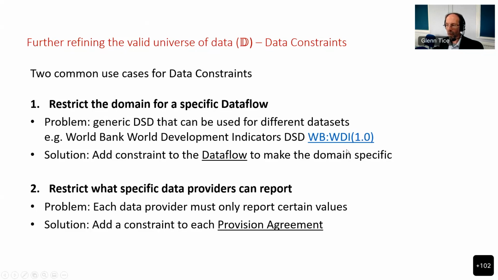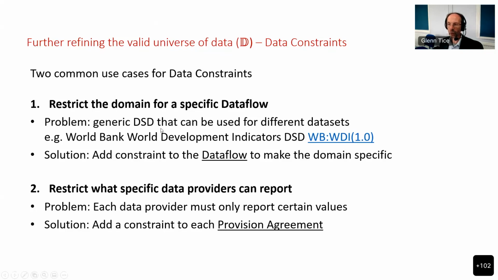If we were to look at this data structure definition, we'd see that the indicator dimension within it contains indicators for a number of different domains, for health and for education. So it would be useful in this case to add a constraint for a particular data flow to make it data domain specific. So for the health data flow, we could create a constraint which restricts the indicators to just the health indicators for that particular data flow.